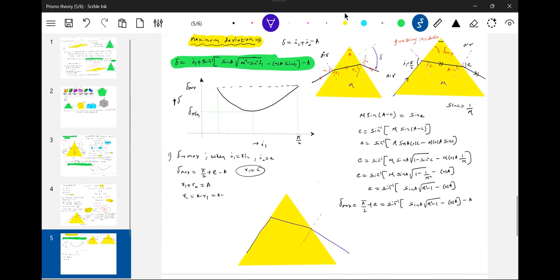Then it grazes like this. No, this will become the angle of incidence, no? Let it be as it is, the symbol. So this will be 90 degrees. The critical angle, A minus C, this angle. I'll give this as the incident ray.